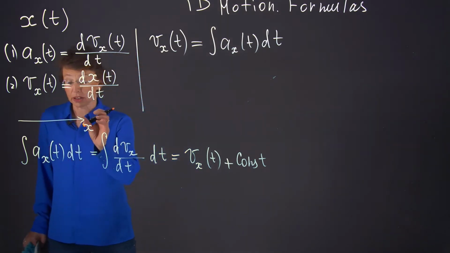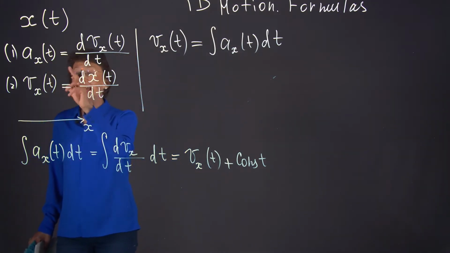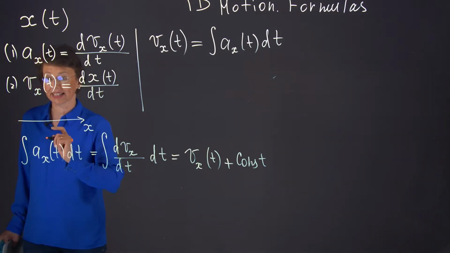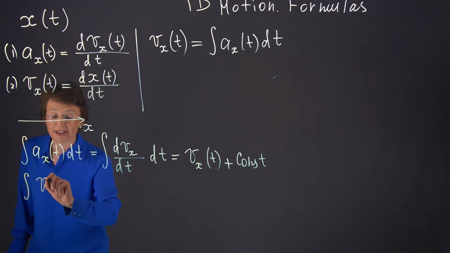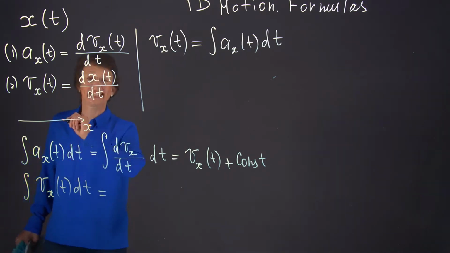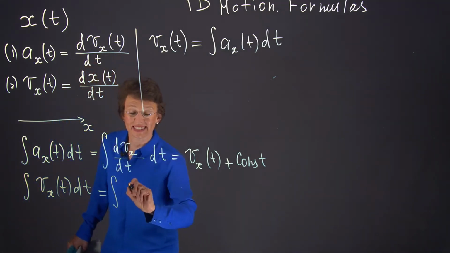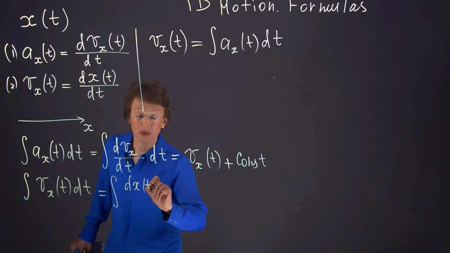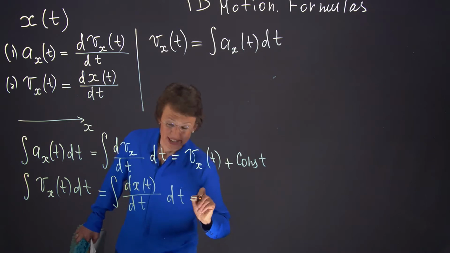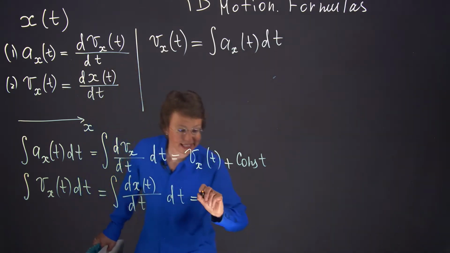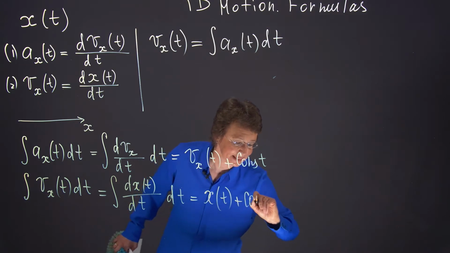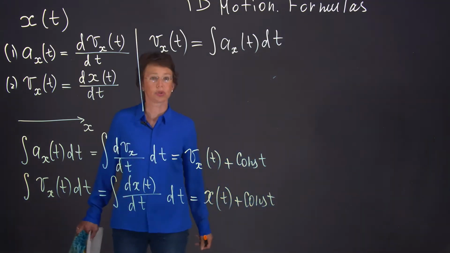Now what will I do next? I will take the antiderivative of both sides of the second equation. The integral of vx of t dt is equal to the integral of dx. What is here? The antiderivative gives me the function itself, x of t, and its indefinite integral plus a constant.